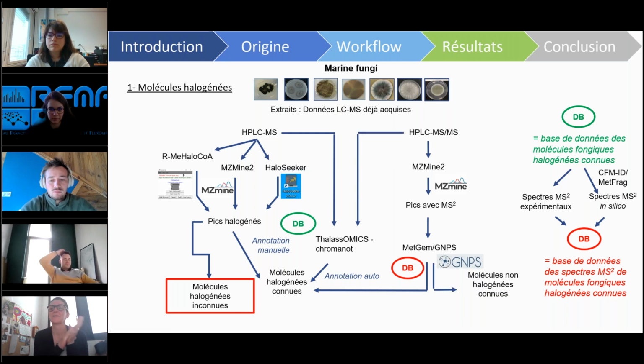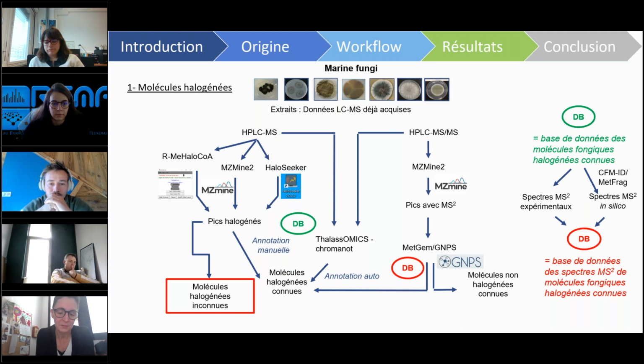Okay, so we can find molecules that are non-halogenated. This is another thing that we can do with GNPS. We can do annotation of non-halogenated molecules, and from that we could also try the new tool that has been developed by a colleague, Grégory Genta-Jouve, who developed a tool to make virtual reactions on compounds and find out if those different compounds could be present in the molecular network that we have generated.